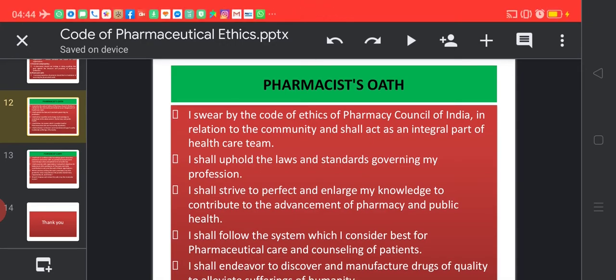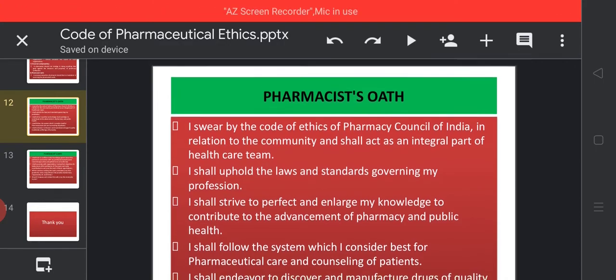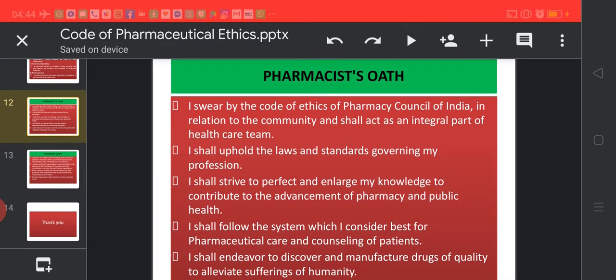Pharmacist oath involves: I swear by the Code of Ethics of Pharmacy Council of India in relation to the community healthcare, and shall act as an integral part of a healthcare team. I shall uphold the laws and standards governing my professions.